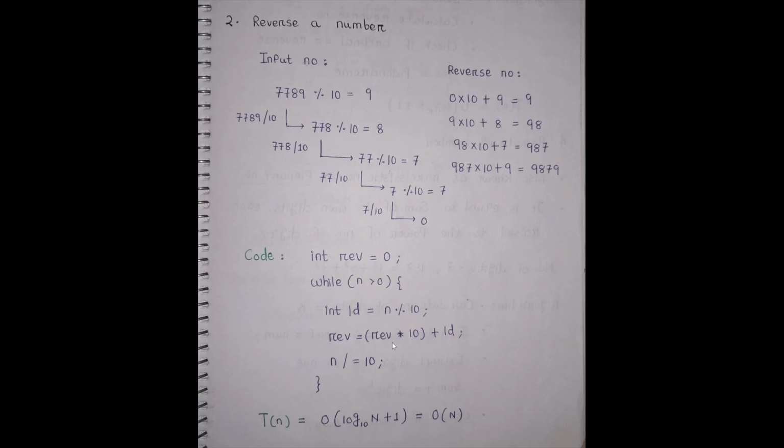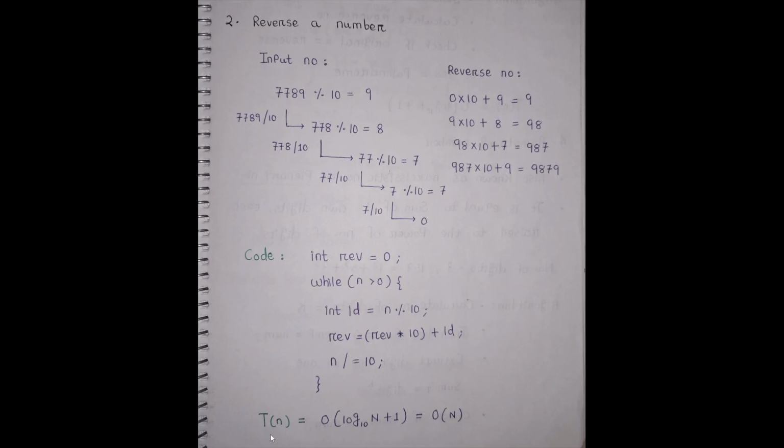So that's why our base is 10, and that's why we have multiplied by 10 over here. Then add the extracted last digit from this particular iteration. Then divide the number by 10, then continue again.